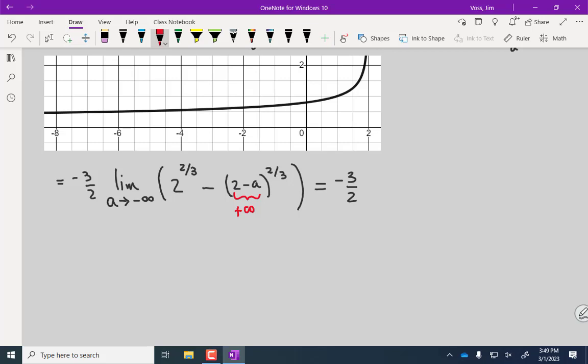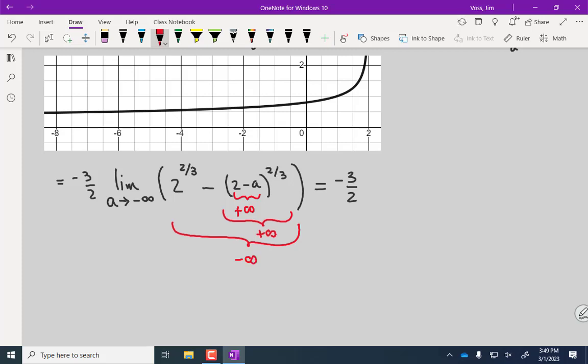And if you take something that's going to infinity and raise it to a power, it's still going to go to infinity. So this whole thing, with the 2/3 included, is still going to positive infinity. And then a constant minus infinity is negative infinity.